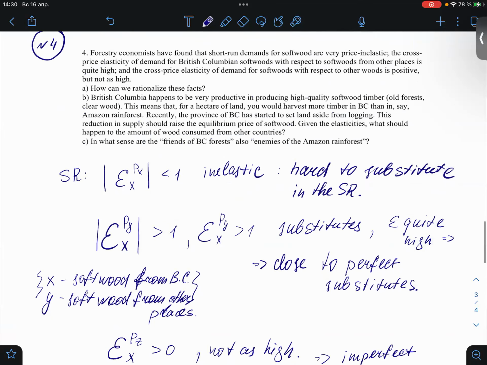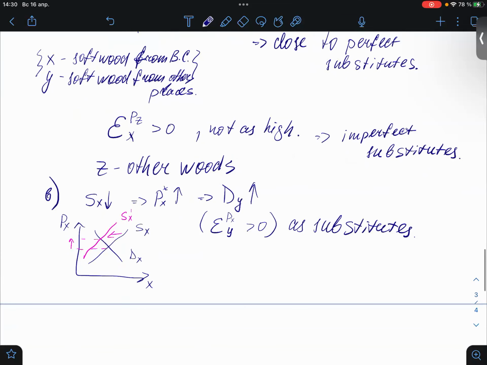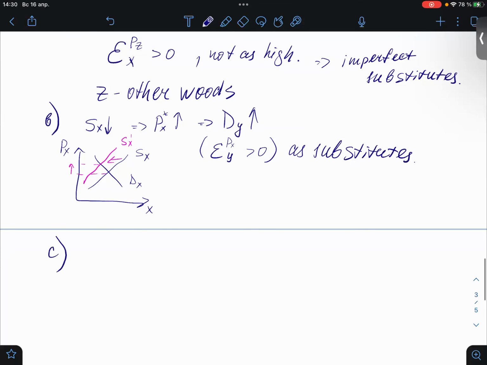C. In what sense are the friends of British Columbia forests also enemies of the Amazon rainforests? Let's write down C. Friends of British Columbia forests equal enemies of the Amazon rainforest.